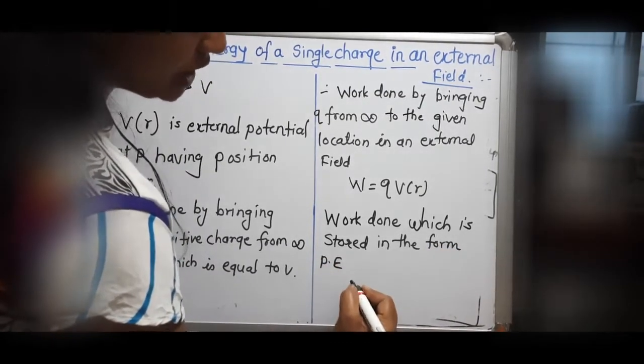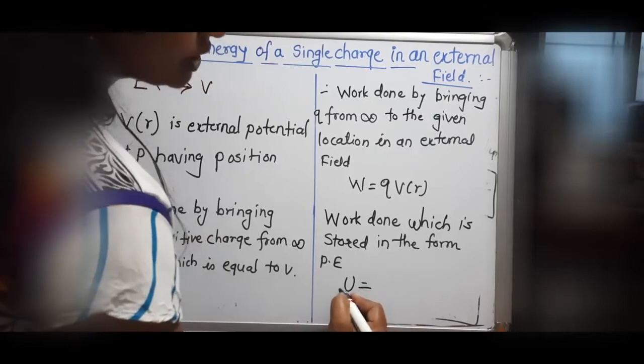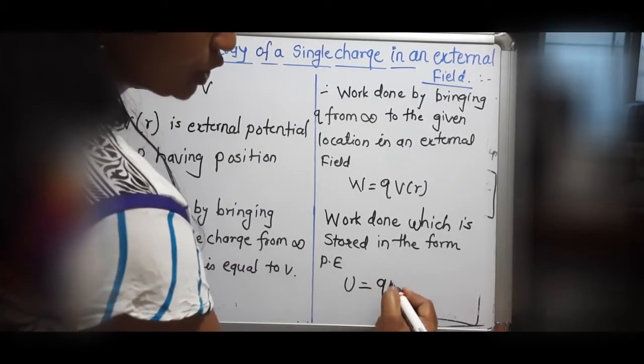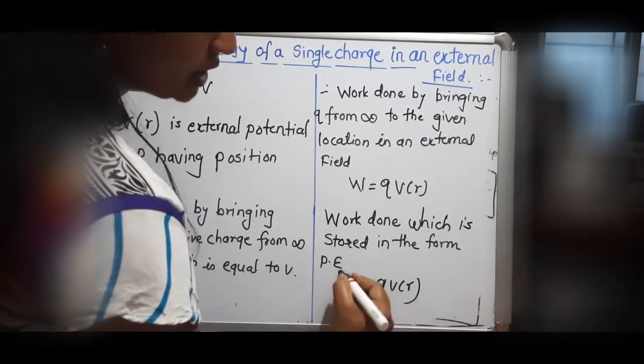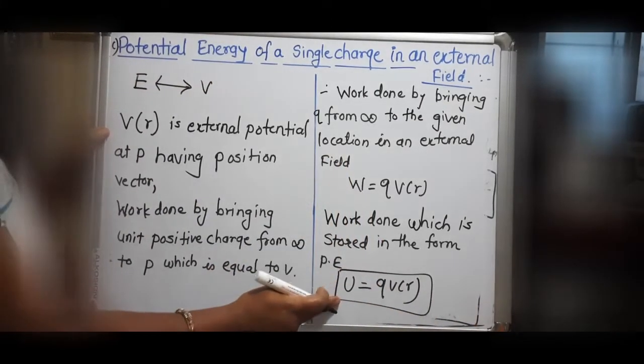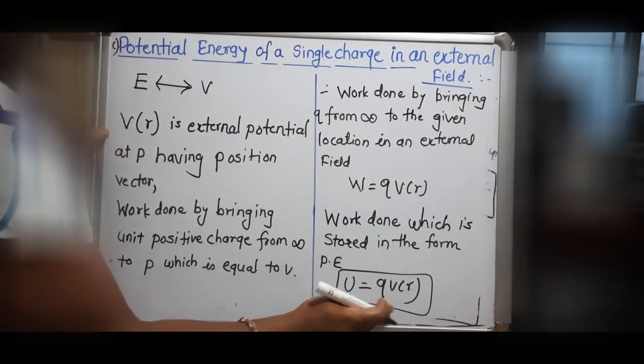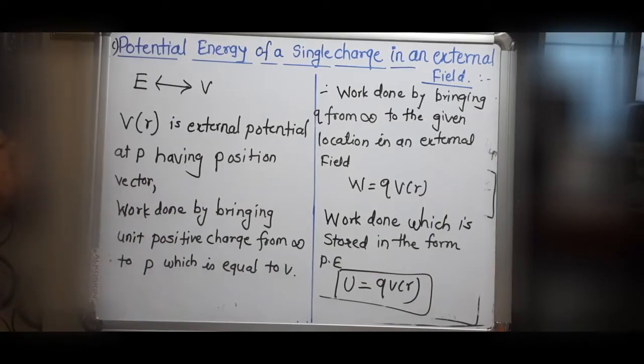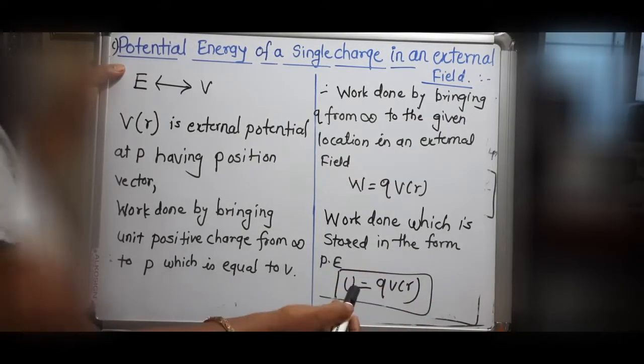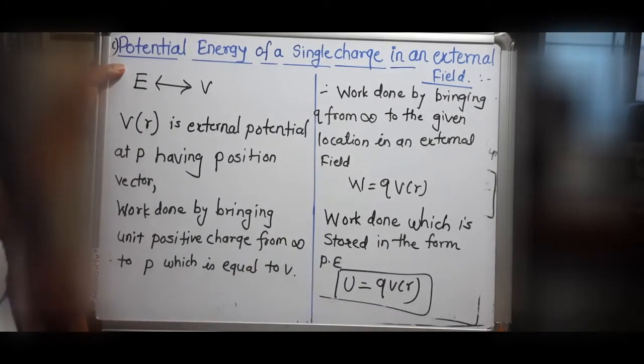So the potential energy, symbol U, equals Q V(R). This is the equation of the potential energy of a single charge placed in an external field.